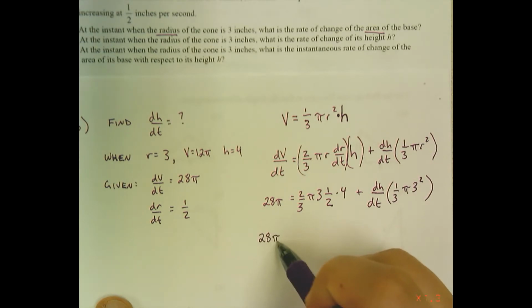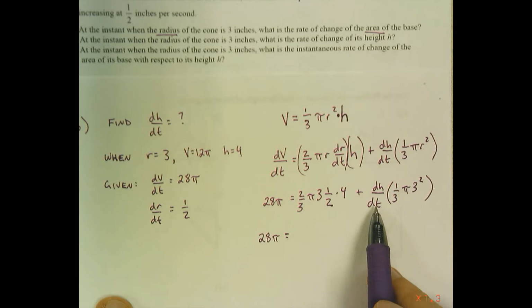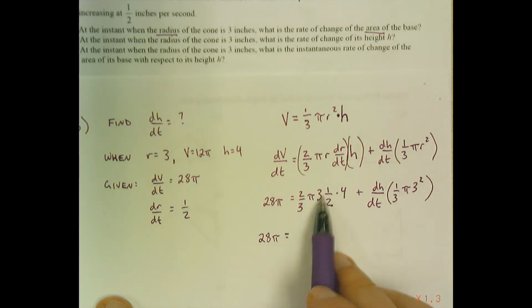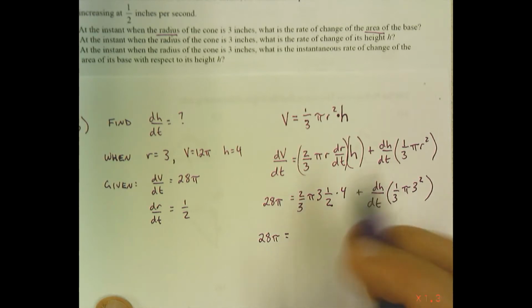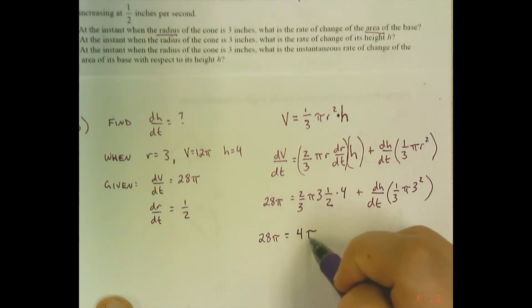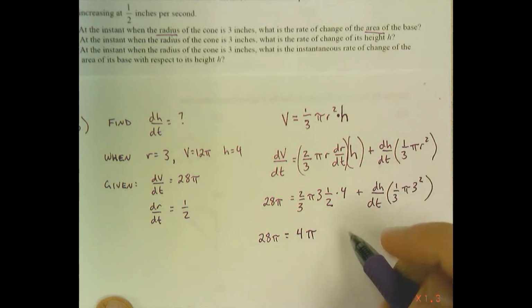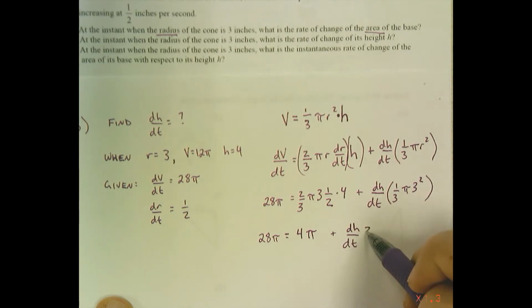And then all we have to do is the arithmetic or the algebra of solving for this variable. So the 3's cancel each other, the 2's cancel each other, leaving behind 4 pi in that first term. And then 1/3 of 9 is 3 pi.